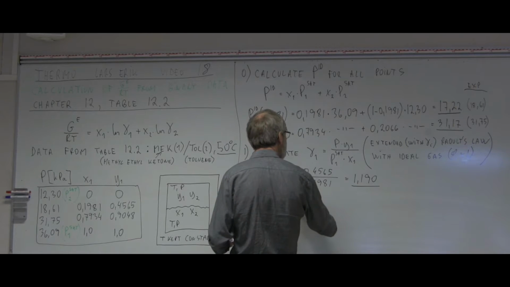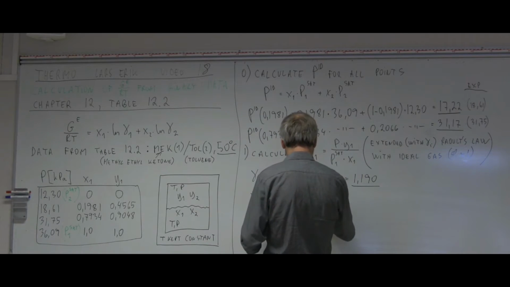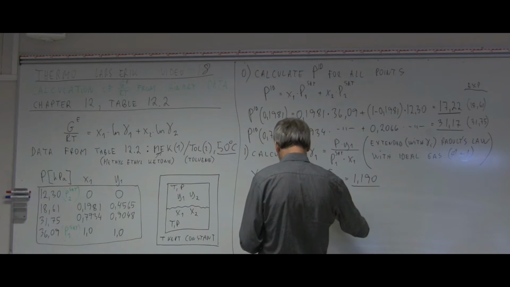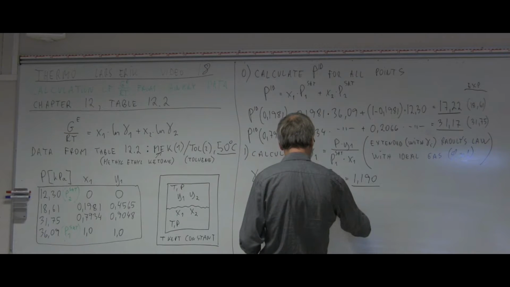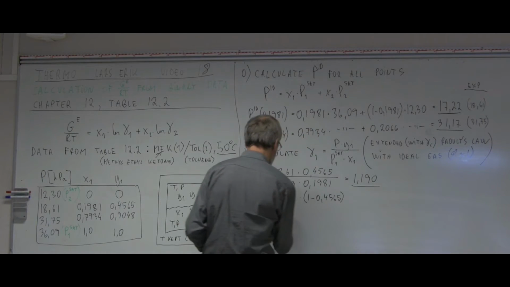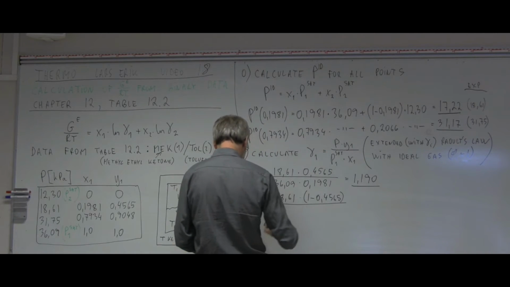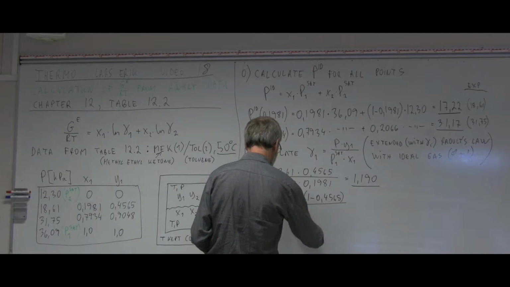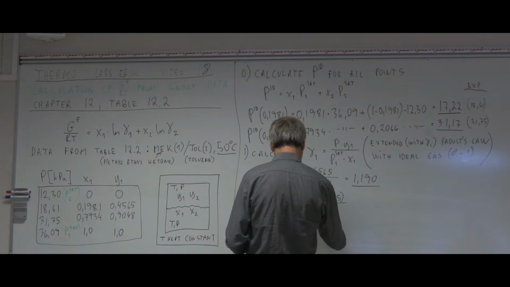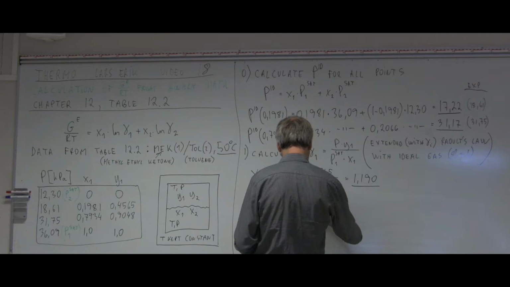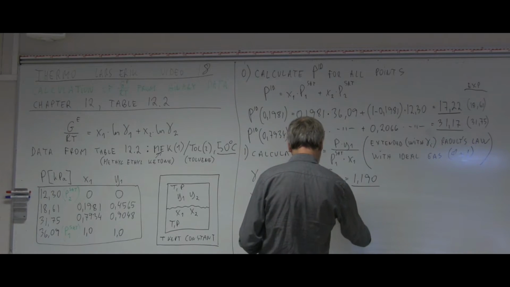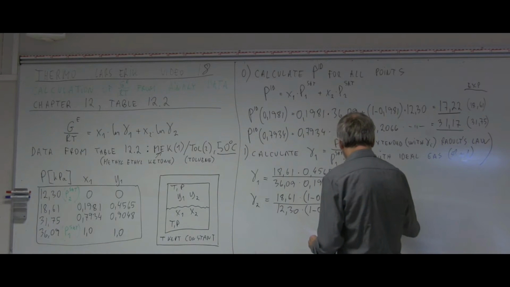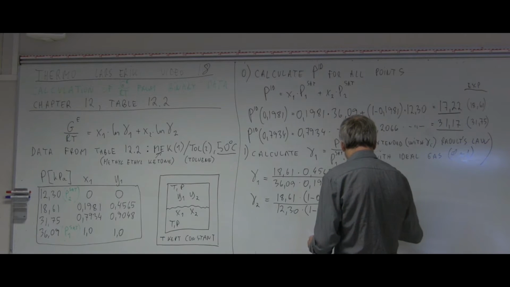The pressure times the mole fraction in the vapor, which is 1 minus 0.4565, divided by the saturation pressure of component 2 times 1 minus 0.1981, and that is 1.025.